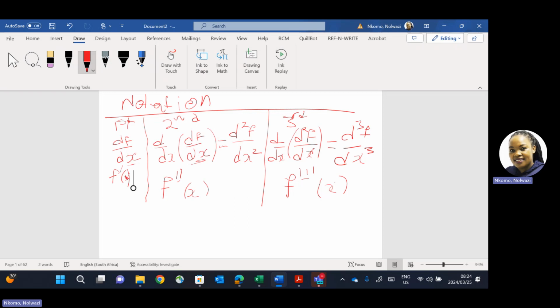Remember, the aim of this module is to help a business determine whether it can make profit or not, or when the revenue is higher, when the cost is higher. Learning higher order derivatives helps you determine the minimum or maximum point.